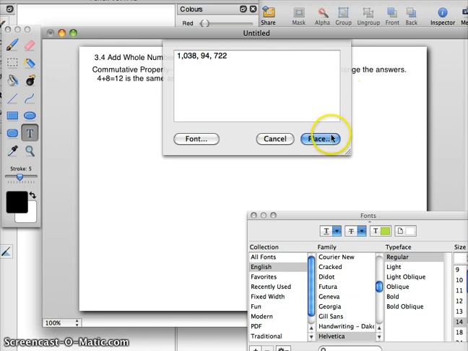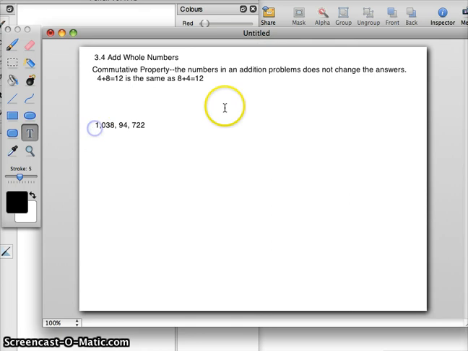Let's just say these are our three numbers that we're going to add. We need to line them up according to their place value. Remember, when we're adding, it doesn't matter which order they're in. So I could go 94 plus 1038 plus 722. But in this case, I'm going to go 1000.